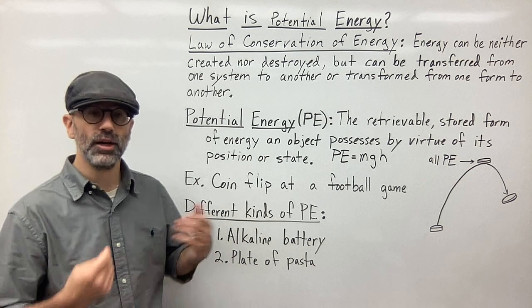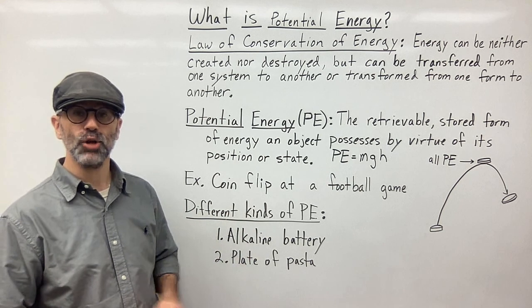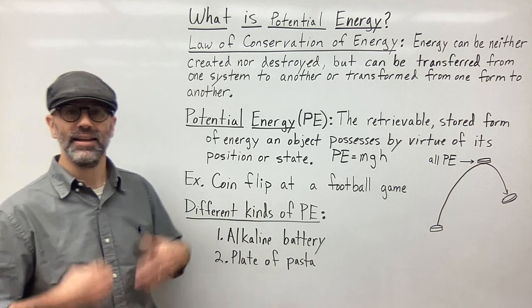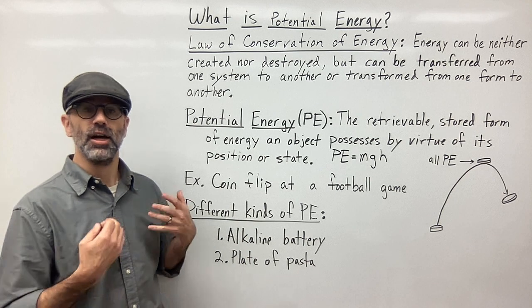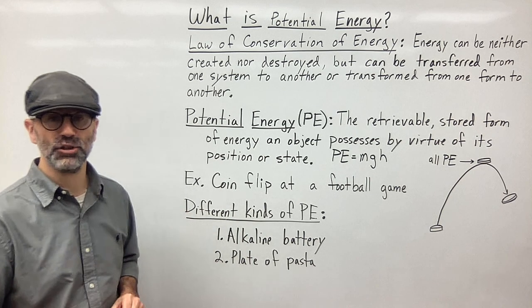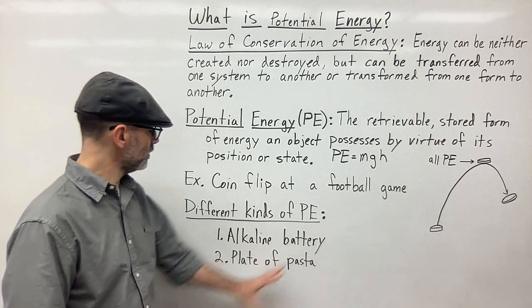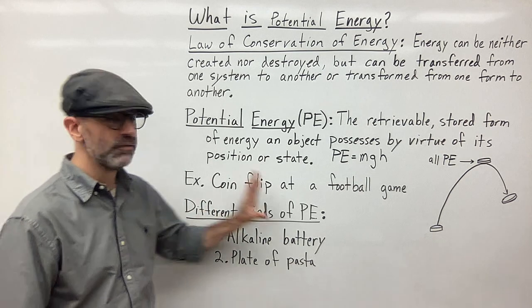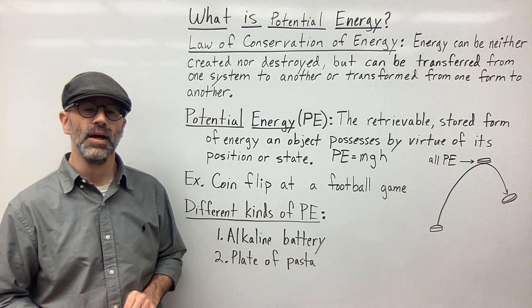So that way you can go on a marathon run, right? You load up on the carbohydrates, and then that potential energy in the molecules can be converted into kinetic energy during your marathon. So these are a few examples of different kinds of potential energy.